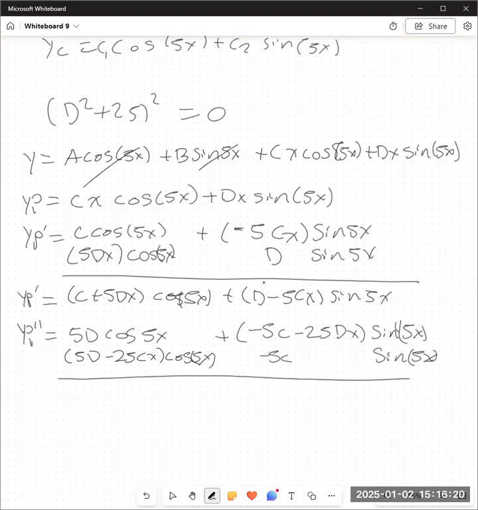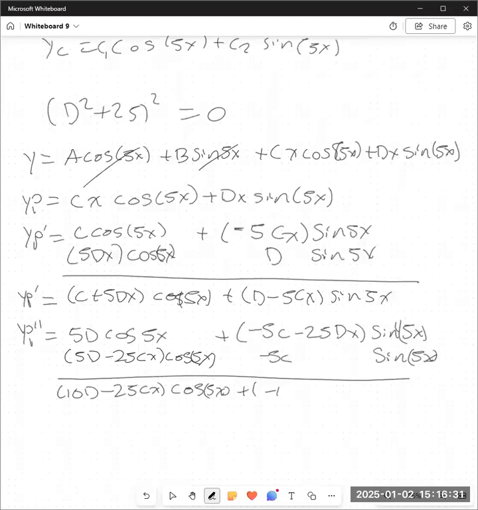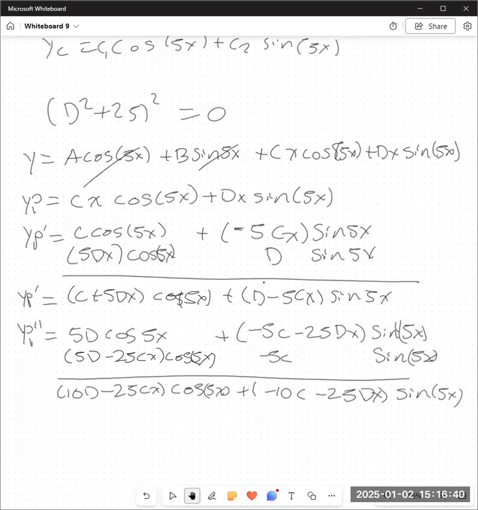Add those together here. This is going to be 10d minus 25cx cosine of 5x plus a negative 10c minus 25dx sine of 5x. Before I go any further, I just want to stop and check to make sure that all that looks right. Good. Okay.